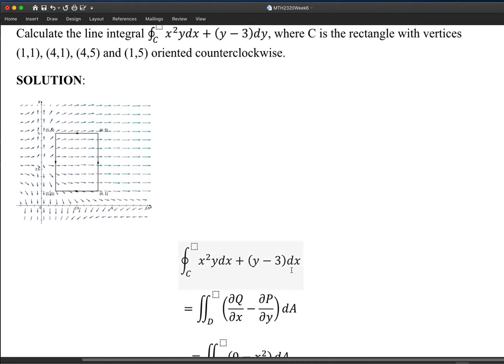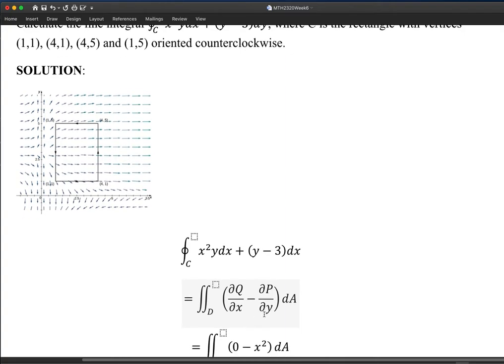This is a line integral. Accordingly, for the double integral, you start with the partial derivative with respect to x, dQ/dx. Take a quick look at what dQ/dx is. It's 0. Then this part is dP/dy, and take the difference of these two.